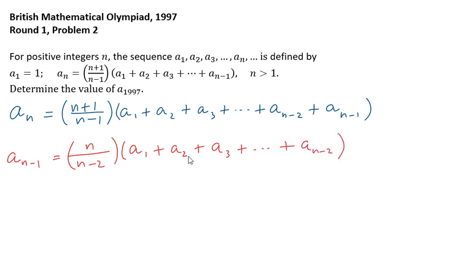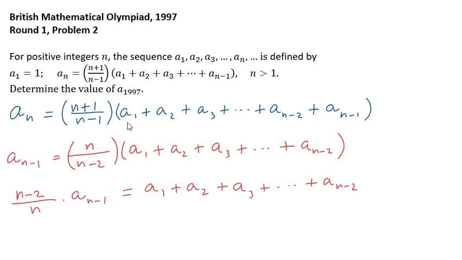You can derive this by replacing n in the first equation by n-1. Now I'm going to multiply both sides of this equation by (n-2)/n. So we have (n-2)/n times a_(n-1), which is equal to a_1 + a_2 + a_3 up to a_(n-2).